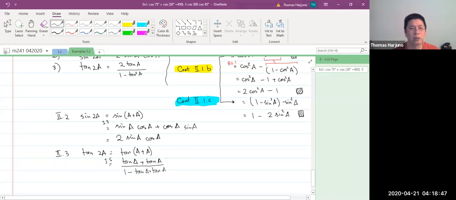Which will give us on the top 2 tangent a. At the bottom, we will get 1 minus tangent squared a.